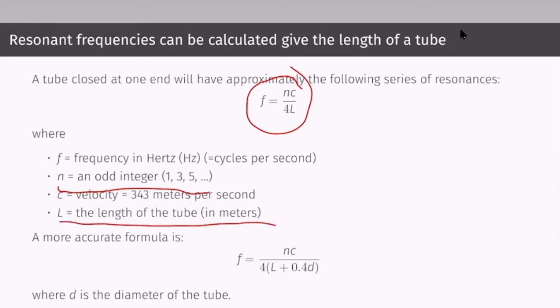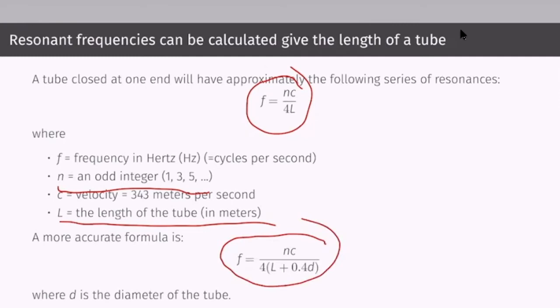So this is a very simple formula, but it's kind of an approximation. It will not give you the exact resonant frequencies because the diameter of the tube also plays a small role in determining the resonant frequencies. So to compute things more accurately, you have to use this formula right here, which is not much more complicated.